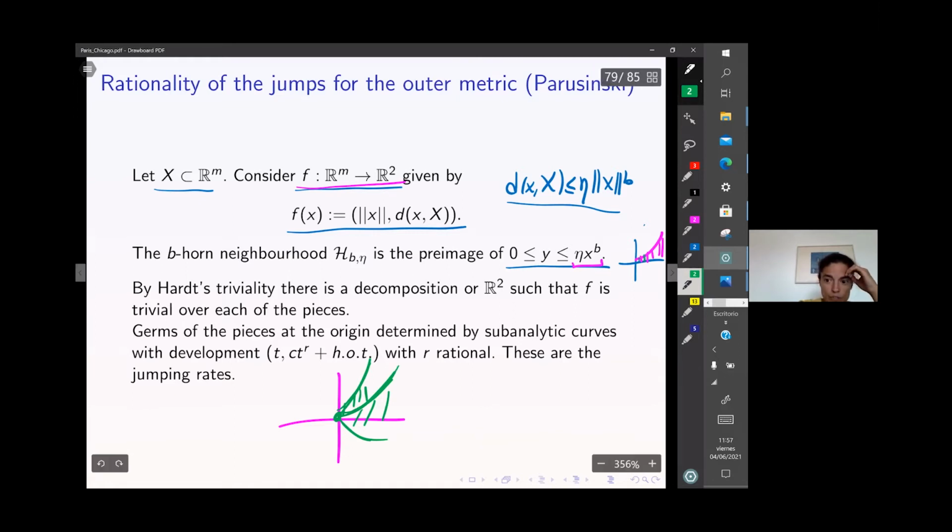Since we have the description of the horns like this, the b's for which there is a jump, a possible difference in topology, are exactly, since these curves are subanalytic and have expansions like this, the arcs that appear in the development of these arcs. So they have to be rational, because these arcs are subanalytic.